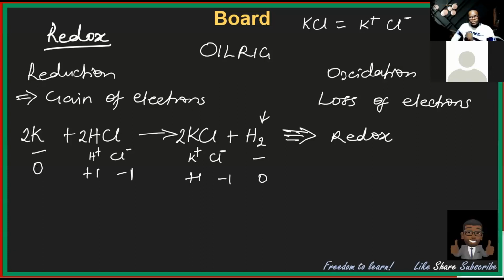Having been able to do this, we can spot a species that is oxidized and the one that is reduced by looking at the change in oxidation number. You said oxidation is a loss of electrons.